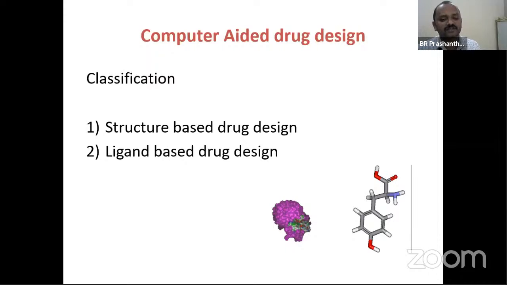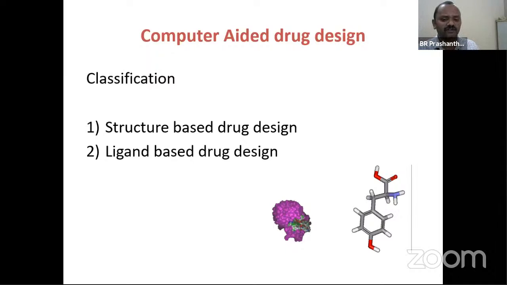This is very important. A drug is something that has the right balance of pharmacokinetic and pharmacodynamic parameters. Both should balance in such a way that for that particular disease, in that particular case, it will be a drug.